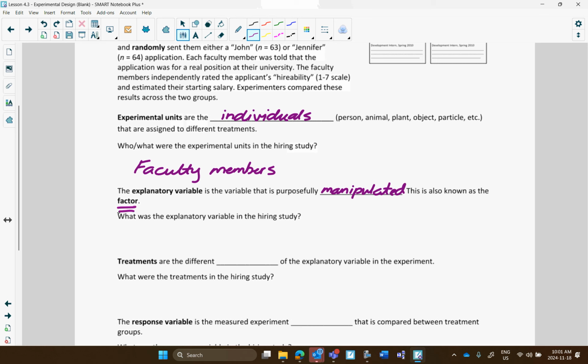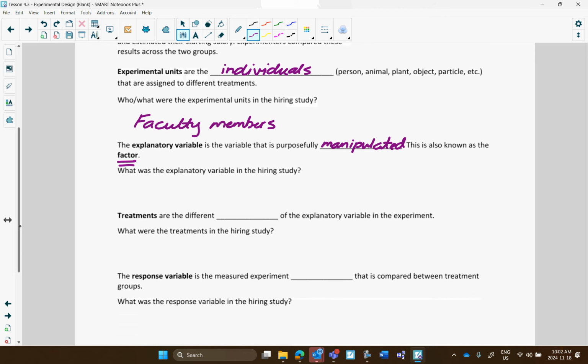And it's also known as the factor. So you may be given an experimental situation and asked what's the factor? That means the same thing as the explanatory variable. What was the explanatory variable of this experiment? The applicant name.